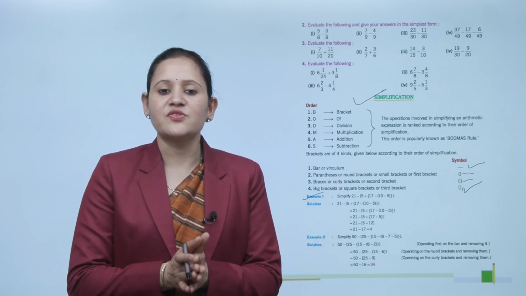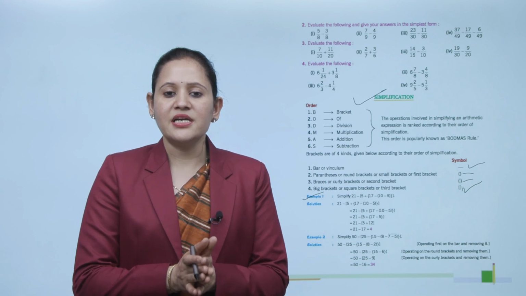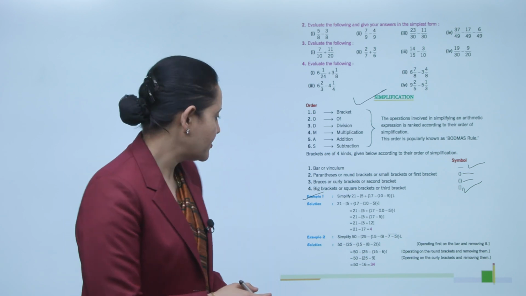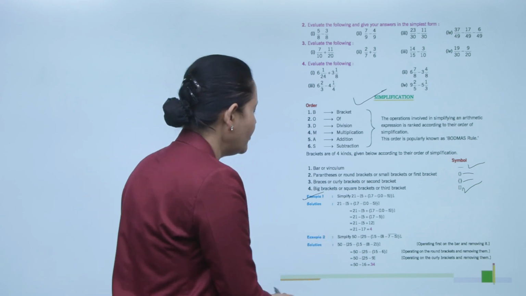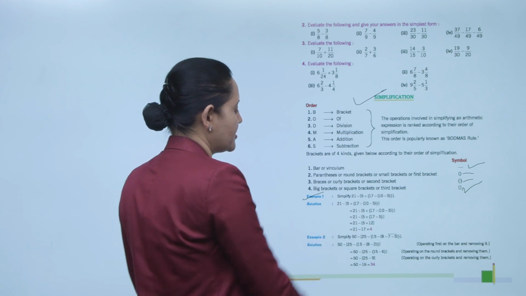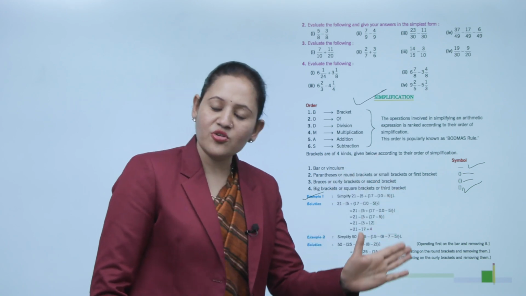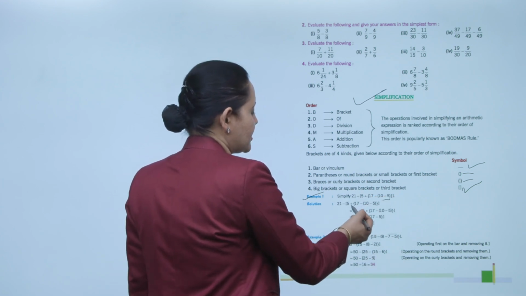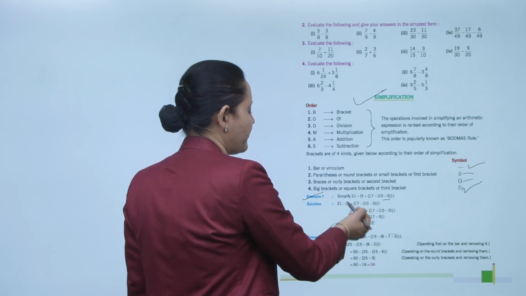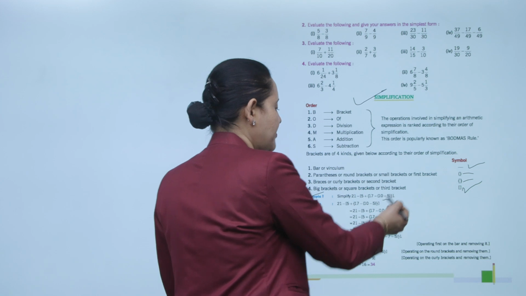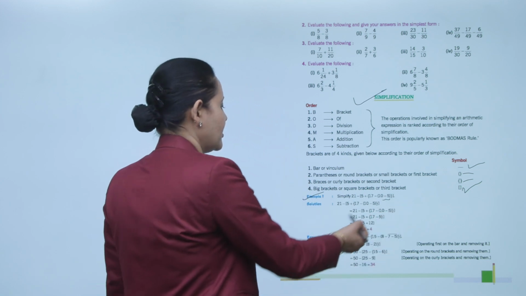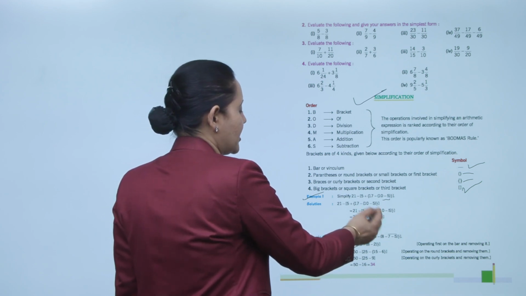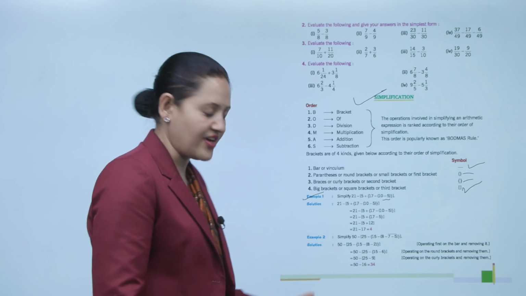Simplify 21 minus 5 plus 17 minus 10 minus 5, bracket closed. So 21 minus, first, if there is a bracket inside a bracket, we will solve the innermost one first. So first we will solve this bracket. So it becomes 17 minus 5 plus 17, 10 minus 5, that is 5. So 10 minus 5. Next is 21 minus 5 plus, now we'll solve this, 10 minus 5, that is again 5.